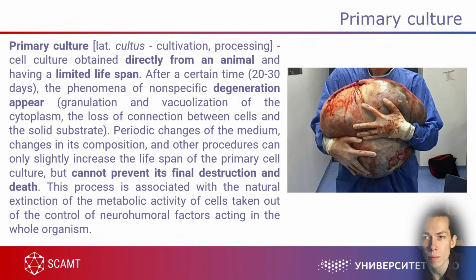There are two types of cell cultures: primary culture and secondary culture. Most of you, maybe 99% of researchers, well, in SCAMT maybe 99, but not everywhere, work with secondary cultures. What is primary culture? Primary culture is something obtained directly from an animal and having a limited lifespan.